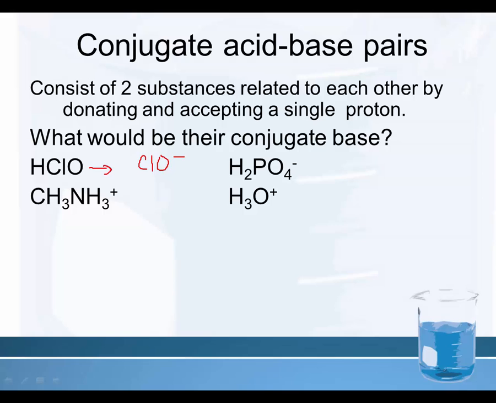Okay. What about this one over here, the H2PO4 ion? Right, HPO4 with a 2 negative charge. So the charge changes, and also the number of hydrogens change. Notice an acid always donates a proton, so it's only going to be one of the protons. How about hydronium? What's it going to form for its conjugate base? Careful. It was positive, right?